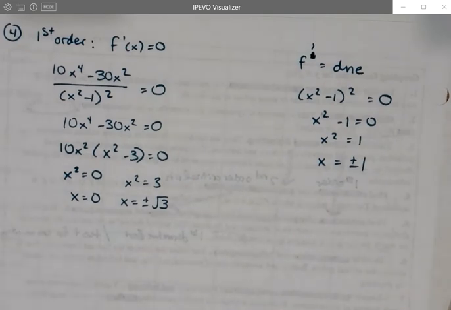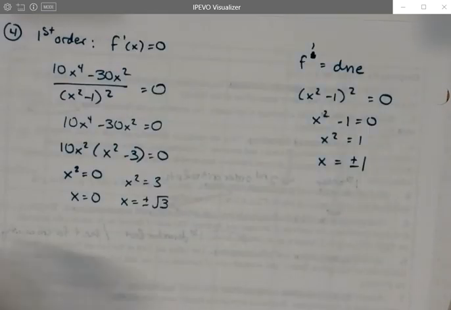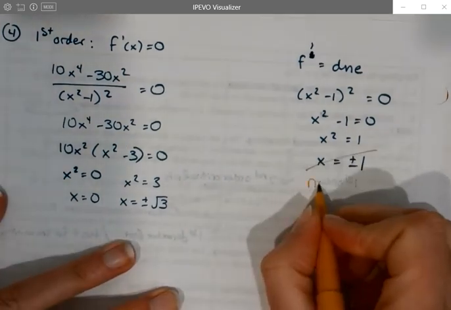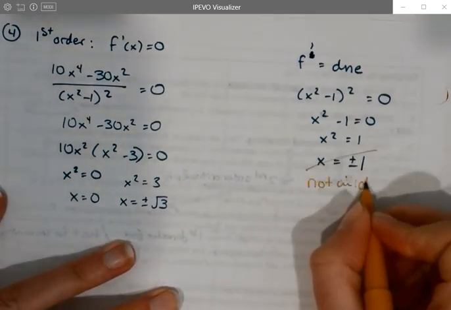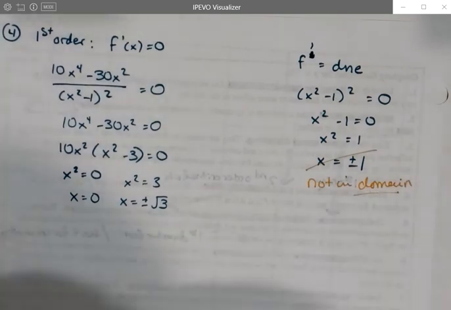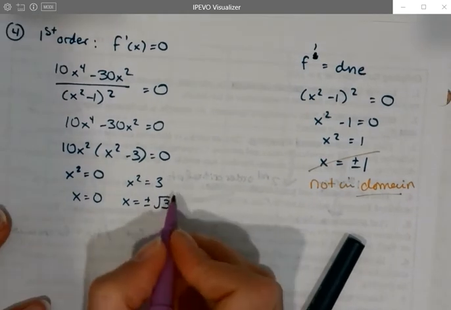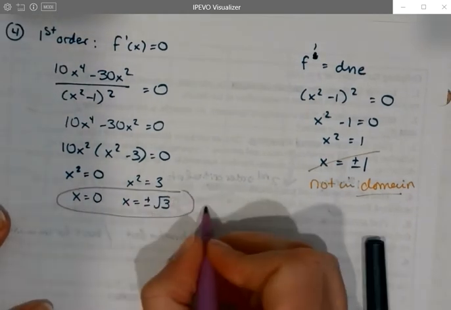But remember that your critical values have to be in the domain, and we had already said in step 1 that 1 and negative 1 were not in the domain, so these are not critical values. That is one of the important reasons for finding the domain: if you find a candidate for a critical value and it's not actually in the domain, it can't be a critical value. So I only have these 3 first order critical values.